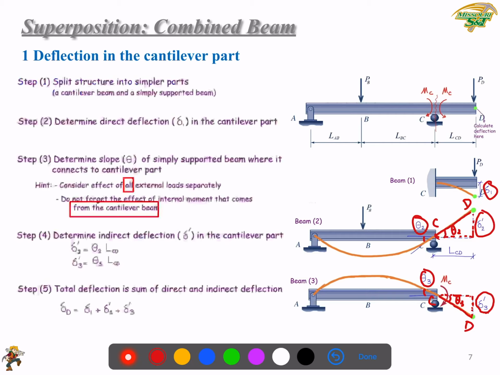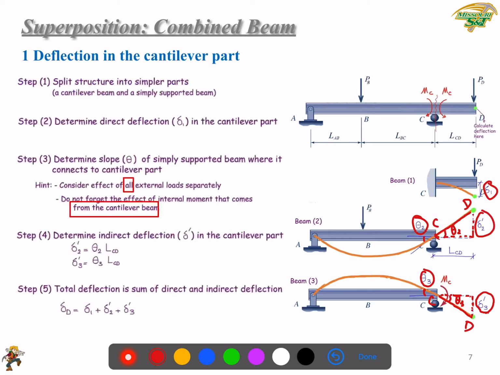Okay, these are the several steps. Step 1, split it. Step 2, determine the direct deflection, the first component. Step 3, determine the theta values, considering all effects. There may be more than two if you have more loadings. Consider the effect of all external loadings separately, and don't forget the effect of the internal moment that comes from the cantilever beam.